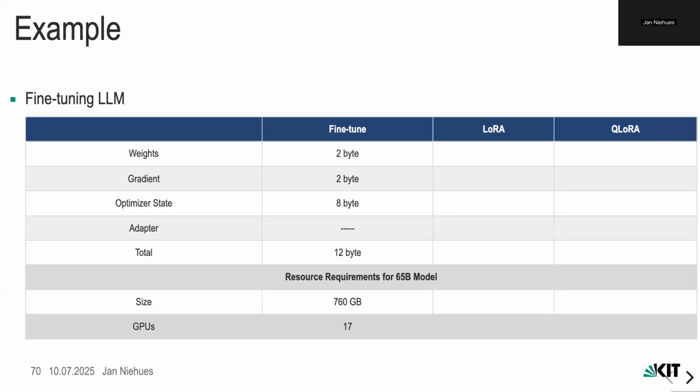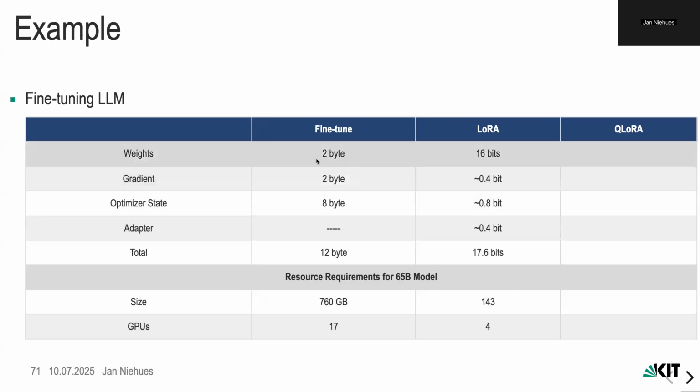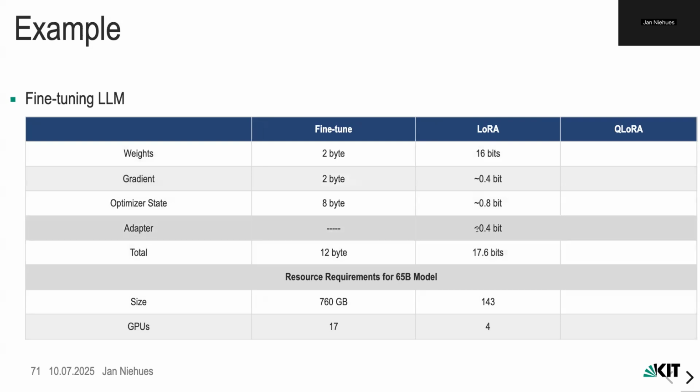The first thing you can try to make things more efficient is to train in a LoRA way. That means we're not training all parameters, but only adapters. It's not only more efficient, but as we learned, you need fewer parameters and therefore less data. If you do normal LoRA training, you still have 16 bits for your weights, but a lot fewer parameters for your adapters.